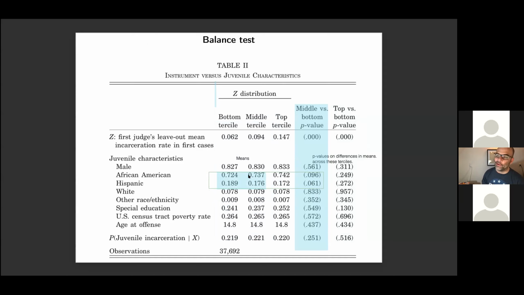Well, how different are they? 72%, 73.7. So notice, significance at the 10% level doesn't mean there is economic significance, right?